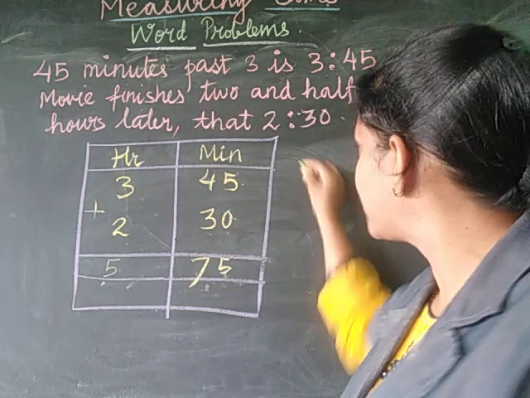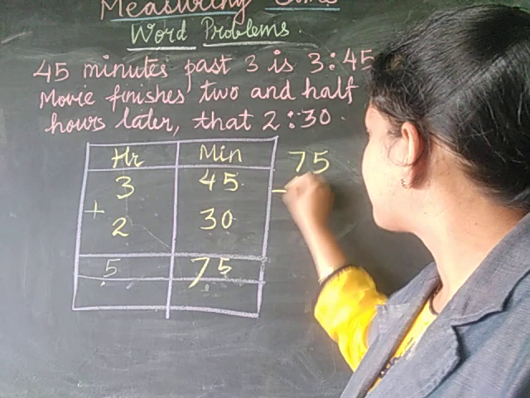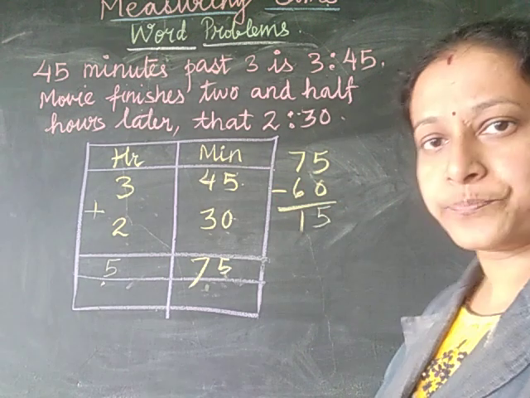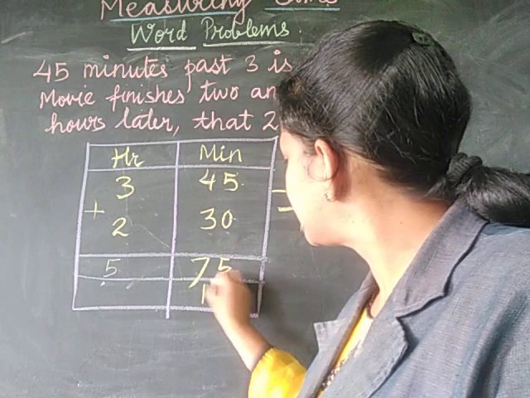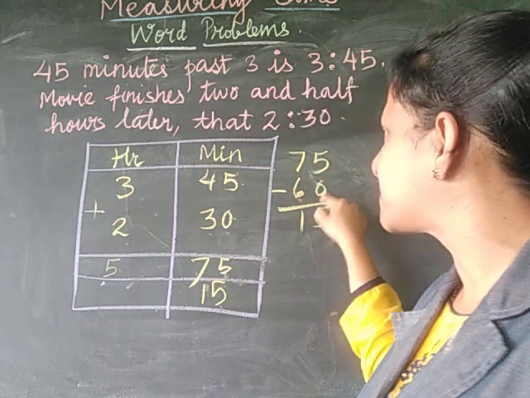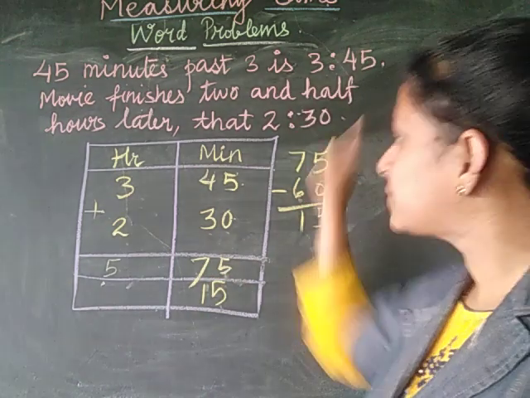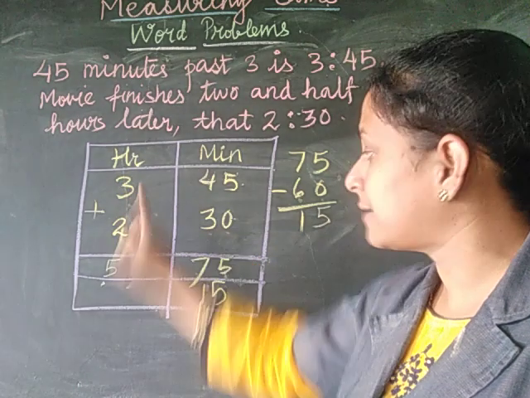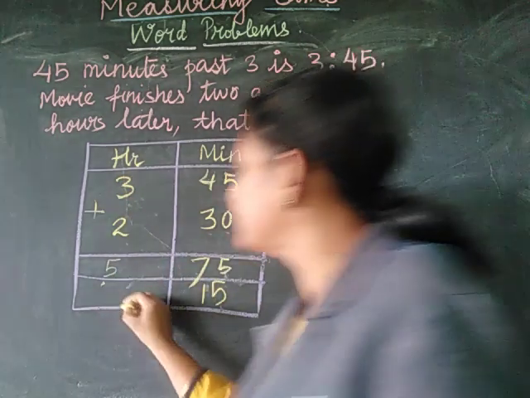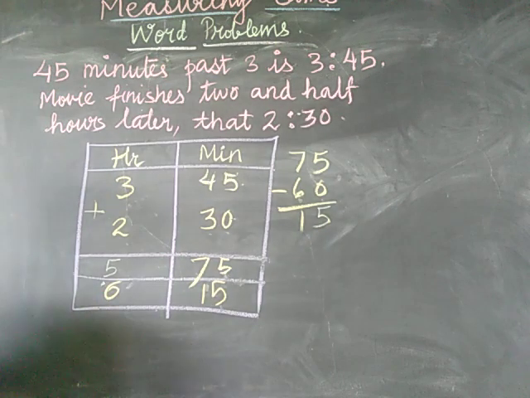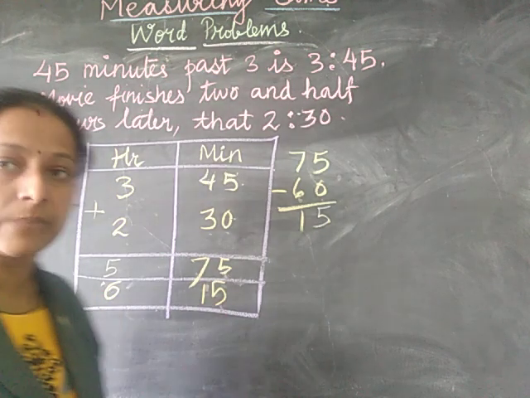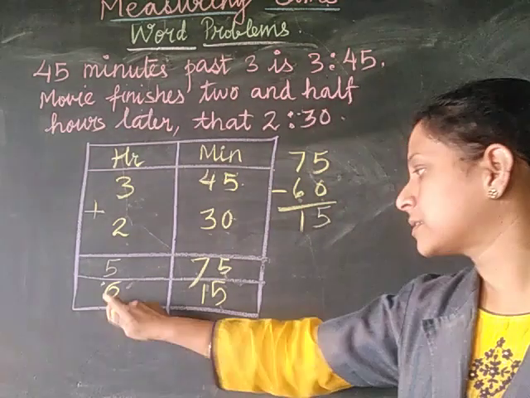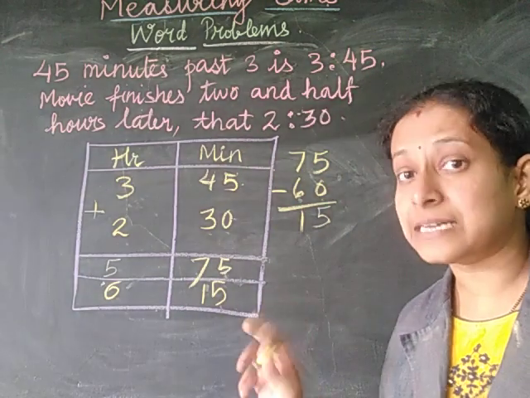So 75 minus 60, we get the answer 15. Okay, so write that 15 here, and the 60 minutes which we subtracted from 75 will get added to an hour, because 60 minutes is equal to 1 hour. So 5 plus 1 becomes 6. So the total timing is 6 hours 15 minutes. That means the movie got over at around 6:15 in the evening.